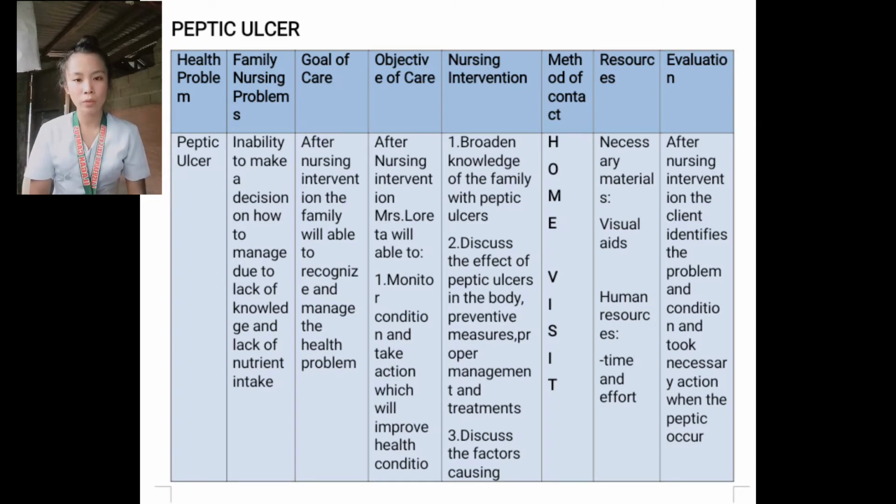The method of contact is through home visit. Resources: necessary materials are visual aids, and human resources, which are time and effort. Evaluation: after nursing intervention, the client identifies the problem and condition and takes necessary action when the peptic ulcer occurs.